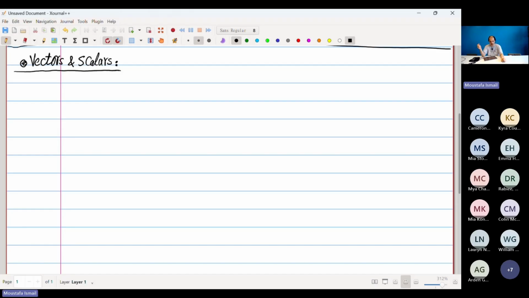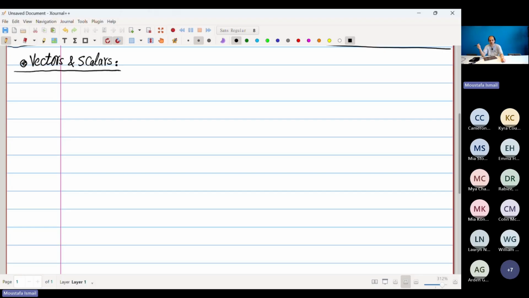Those are scalars. But there are other quantities that also have a physical quality that indicates direction, like velocity. You need direction to know where you're going, not just how fast.